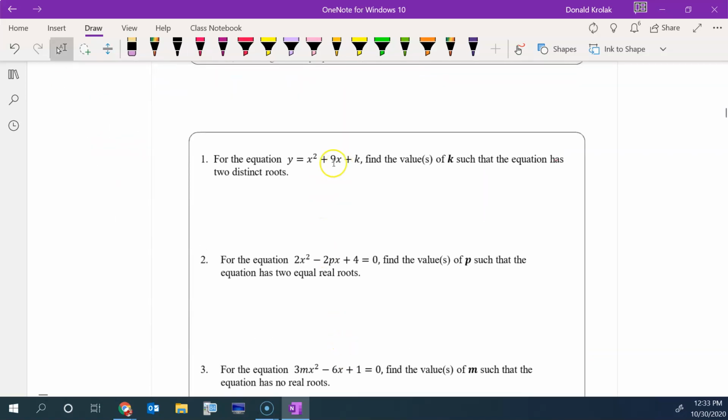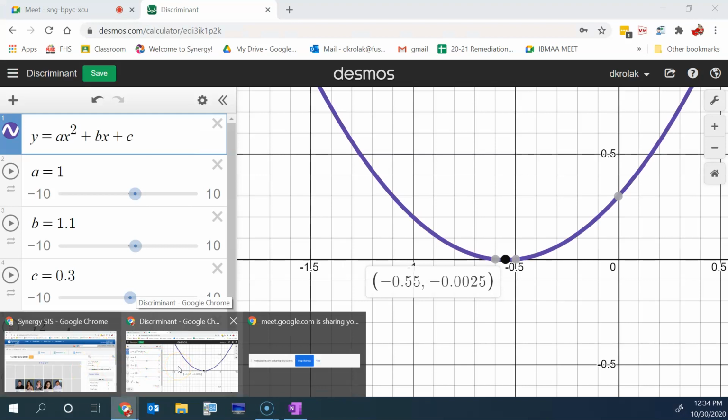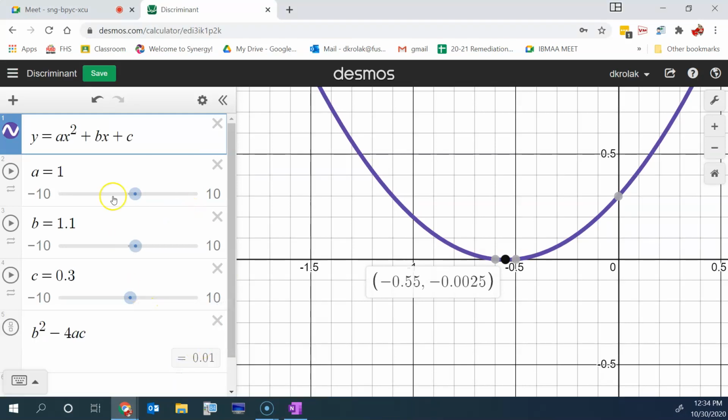So if you were given this quadratic, okay, so A is 1, B is 9. What value of K would make it so that it has 2 roots?